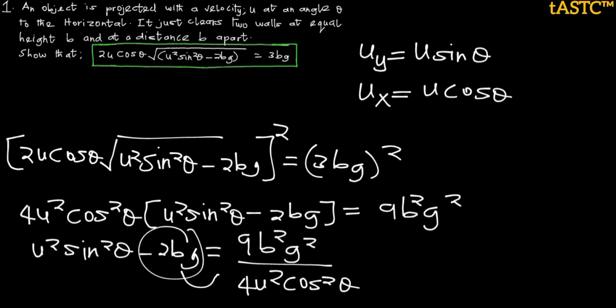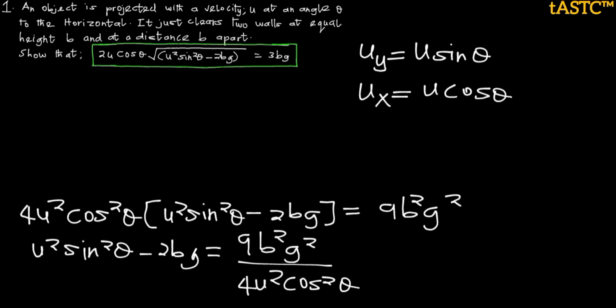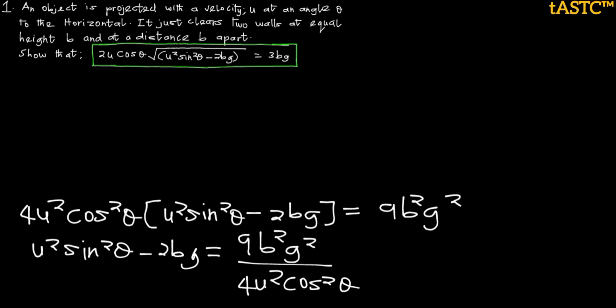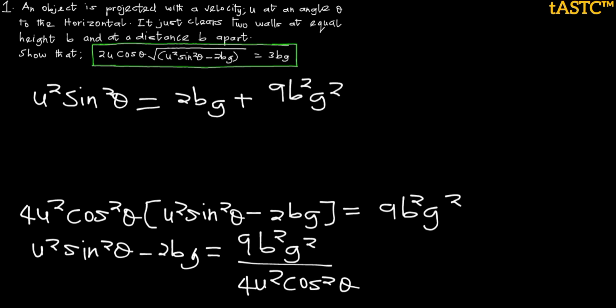Now I could take this to the other side. So I'm going to wipe these out. Now I'm going to take these out also. Hopefully you have written it out somewhere. So this is going to be u squared sine squared theta, and on this side we're going to have 2bg plus 9b squared g squared divided by 4u squared cos squared theta.